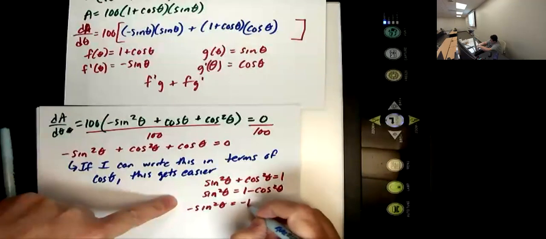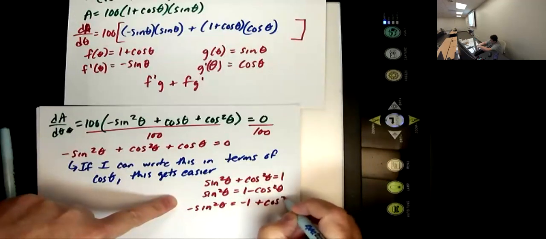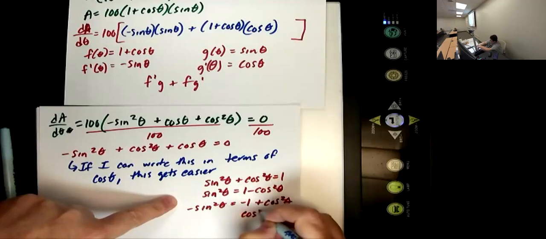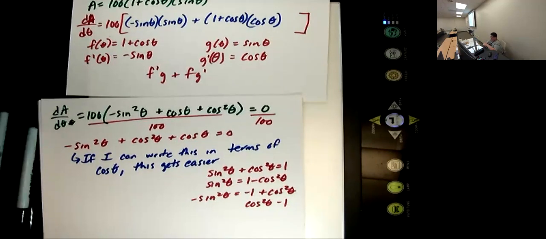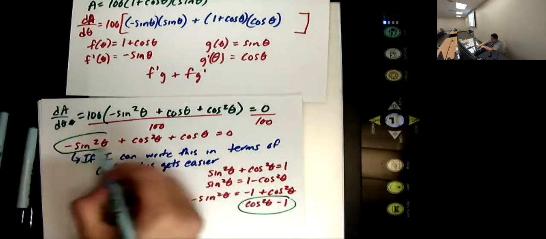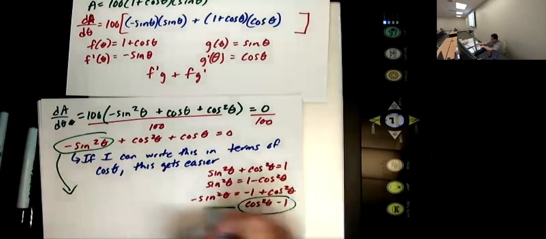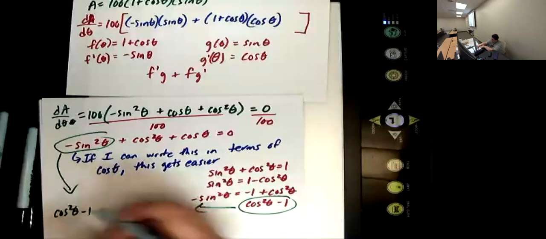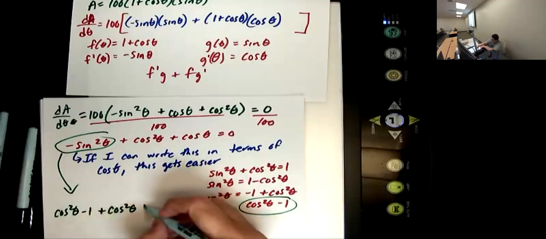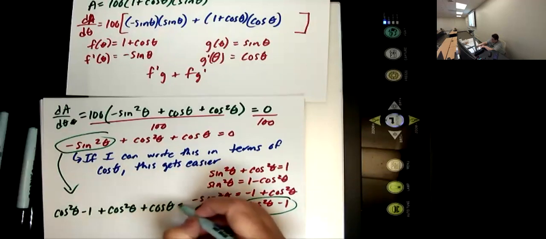This becomes -1 plus cosine squared theta. And we're going to replace this for this, and we get cosine squared theta -1 plus cosine squared theta plus cosine theta equals 0.